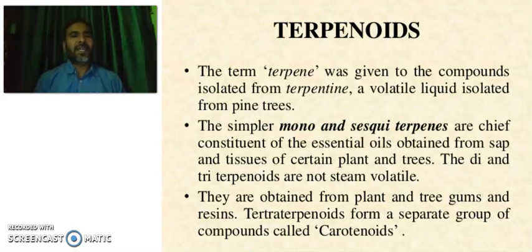The di and triterpenoids are not steam volatile. They are obtained from plant and tree gums and resins. Terpenoids form a separate group of compounds called carotenoids.